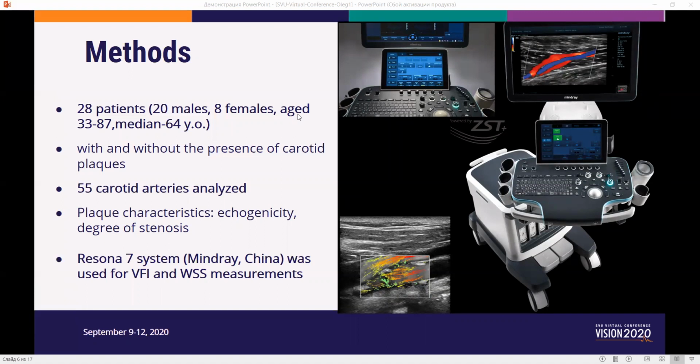We also measured pulse wave velocity in common carotid arteries. Plaque characteristics like echogenicity and degree of stenosis were also studied, and blood pressure and electrocardiogram were recorded. Exclusion criteria were atrial fibrillation, oncology, and severe renal disease. An Resona 7 system, manufacturer Mindray, China, was used for vector flow imaging and wall shear stress measurements.